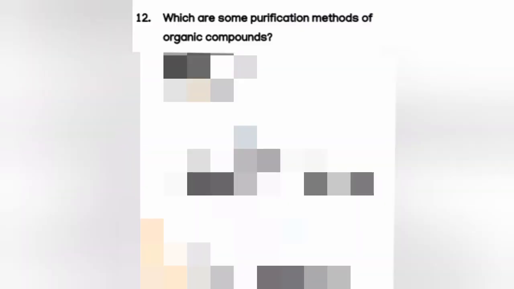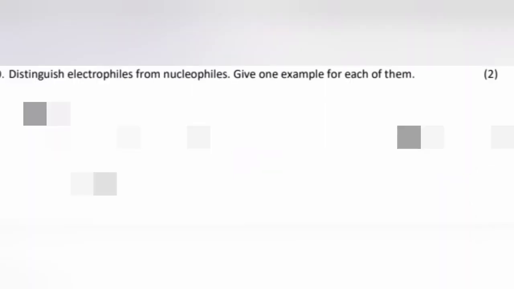Or a question may ask us, what are some purification methods of organic compounds? Answer: write the definition and example of crystallization, sublimation, distillation, fractional distillation, distillation under reduced pressure, steam distillation, differential extraction or chromatography. Write any 3 or 4.